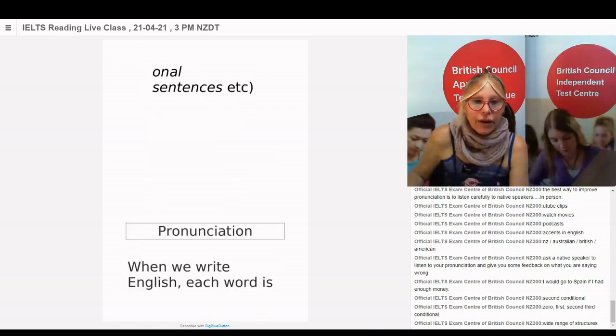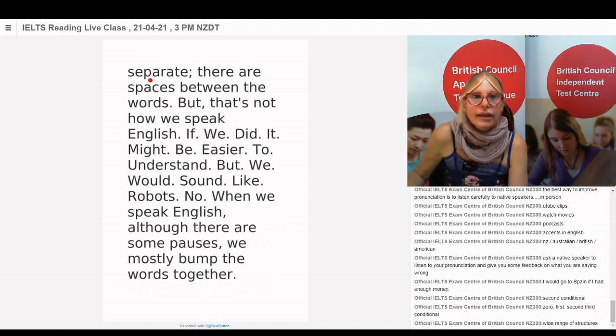Okay, so let's move on to the next part now of the lesson, which is to do with pronunciation. So I just want to read this out to you carefully. When we write English, each word is separate. There are spaces between the words, right? But that's not how we speak English.